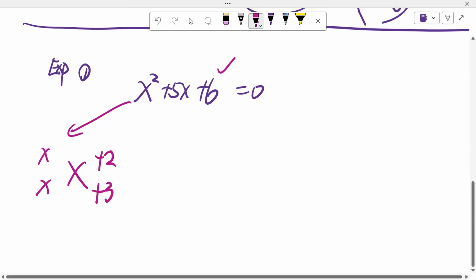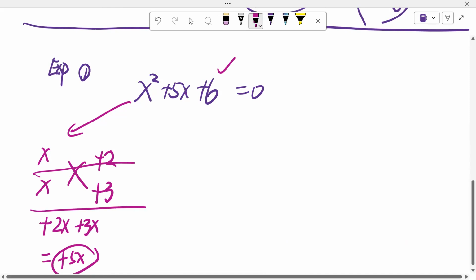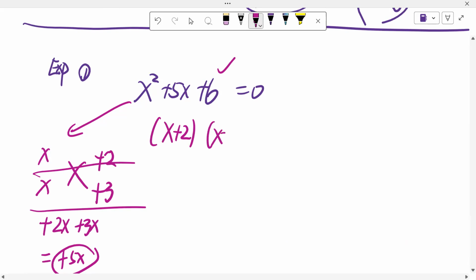Multiply them, we get 6, adding them, we get 5. Then we cross multiply, plus 2x plus 3x, finally we get positive 5x. And we get x plus 2, x plus 3, right?